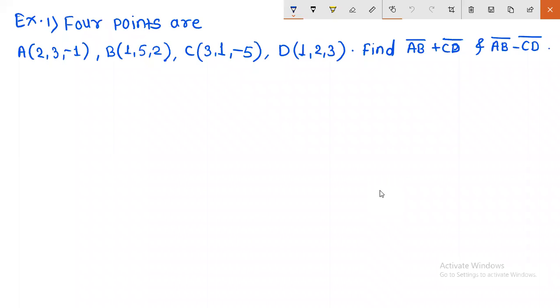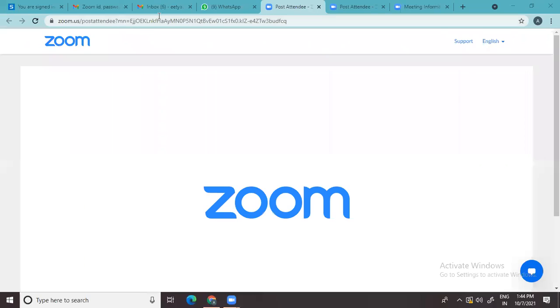And anyone just tell me the procedure, how you can find this? Okay, just tell me. I want to take one review that all of you understand whatever I teach. Arti, roll number 7.